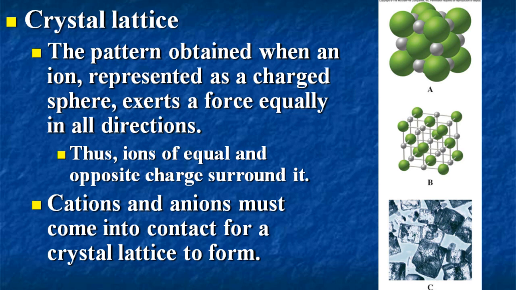Now, of course, cations and anions must come into contact for a crystal lattice to form. So this is the picture of a sodium chloride, NaCl, crystal. When we look at sodium chloride, table salt, we see crystals like this, right? And if you look really closely through a microscope, you will see that each of those crystals has the same pattern. And that pattern is this.